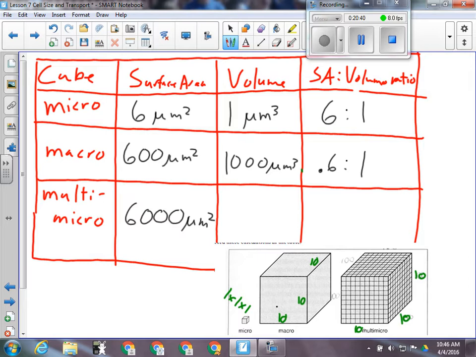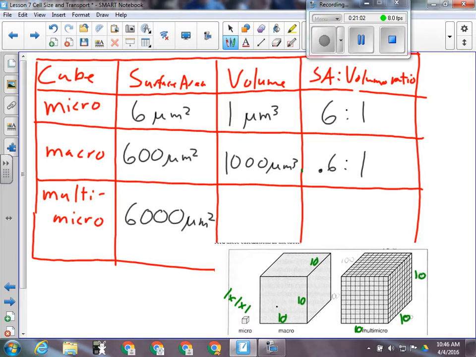If I laid it out, and this is kind of gross, but I wouldn't do this obviously, it would cover a tennis court. There's that much surface area for absorbing food in your small intestine, more than a tennis court. It's a lot of surface area.